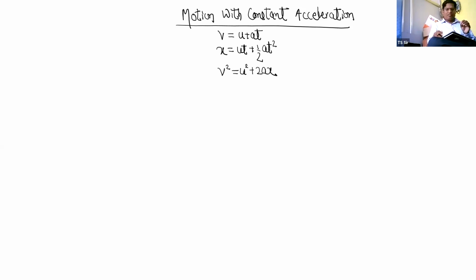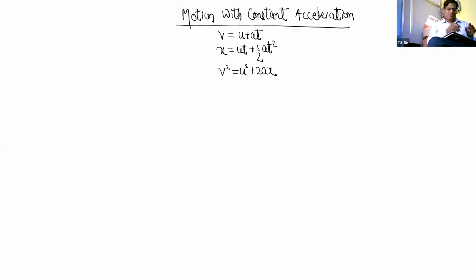Whenever we want to apply these equations, first of all we should decide for which part of motion we are applying the equation, where the body is traveling from an initial point to a final point. First decide what the initial point of motion is and what the final point is, and then apply the equation for this interval.